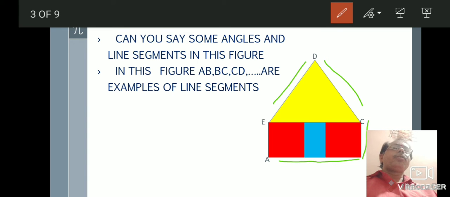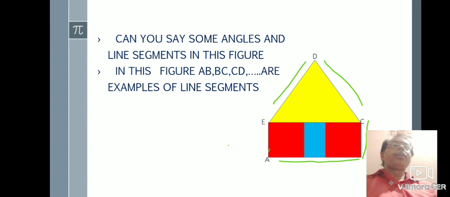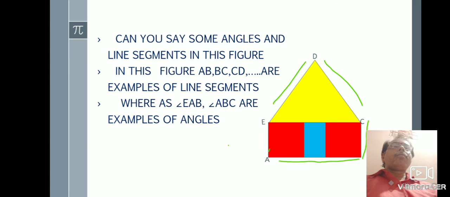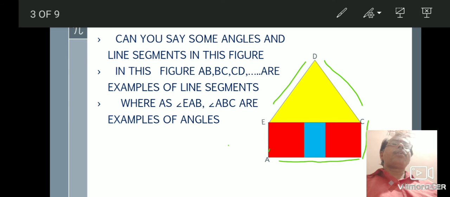So just draw this figure in your notebook and try to do this activity. Simply draw this figure and note down the line segments. Whereas angle EAB, angle ABC are examples of angles.